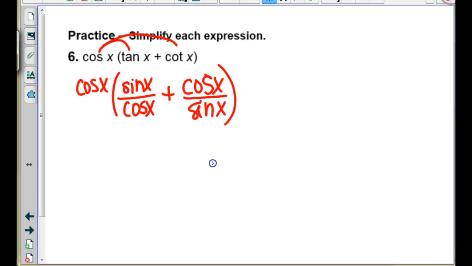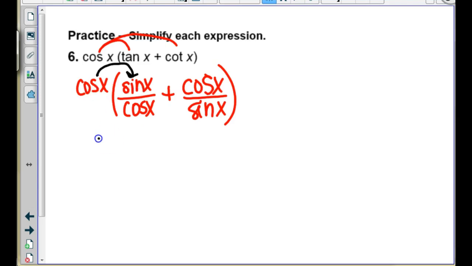I want everything in terms of sine and cosine. All right. So what happens here? When I multiply this times this, I'd have cosine sine over cosine. What can I do then?